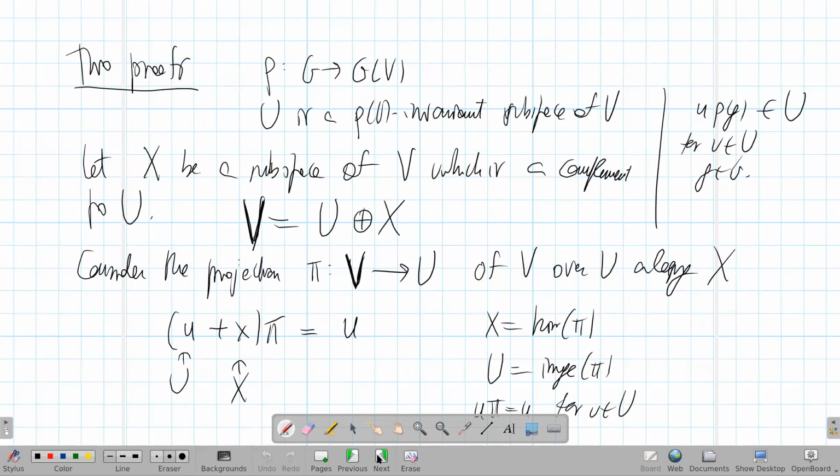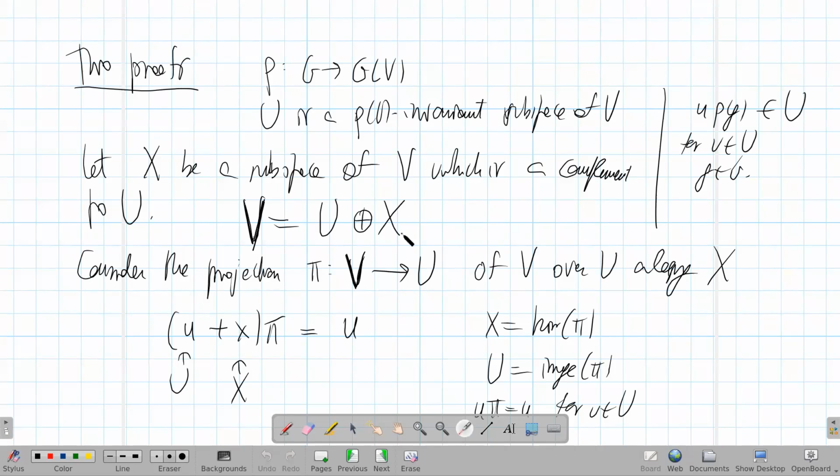More about this next. And the proof goes like this. You first choose any complement X. Unless you believe you are lucky, this won't be rho G invariant. And you take the projection pi from V to U along X, meaning the map that takes the sum of an element u in U and an element x in X, and sends it to u.